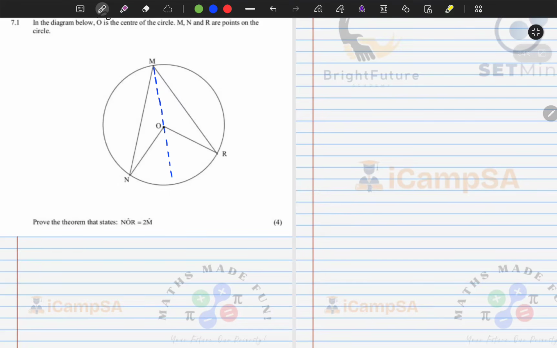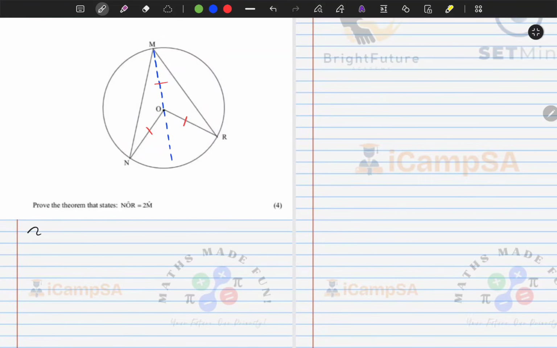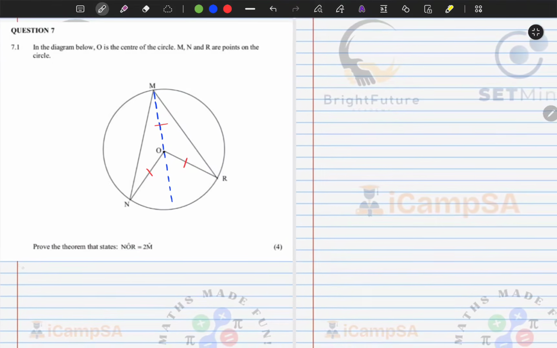Okay. And what we can do, we can go ahead and deal with this from here. And you should be aware that what we have is the radius here. So this and this, they are equal. Okay. So what do we mean? Well, there's a couple of things we need to note. We're looking at 7.1.